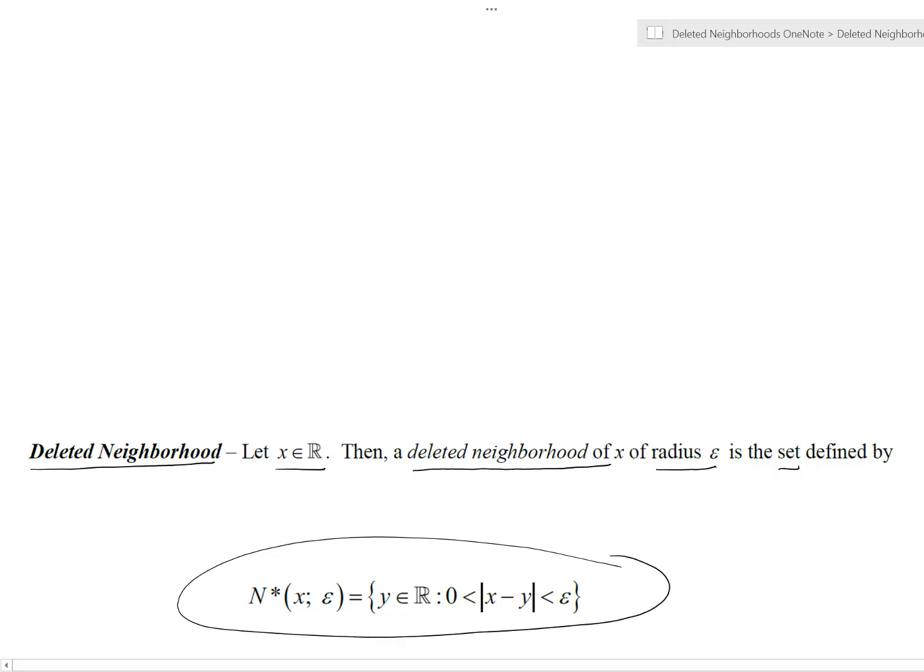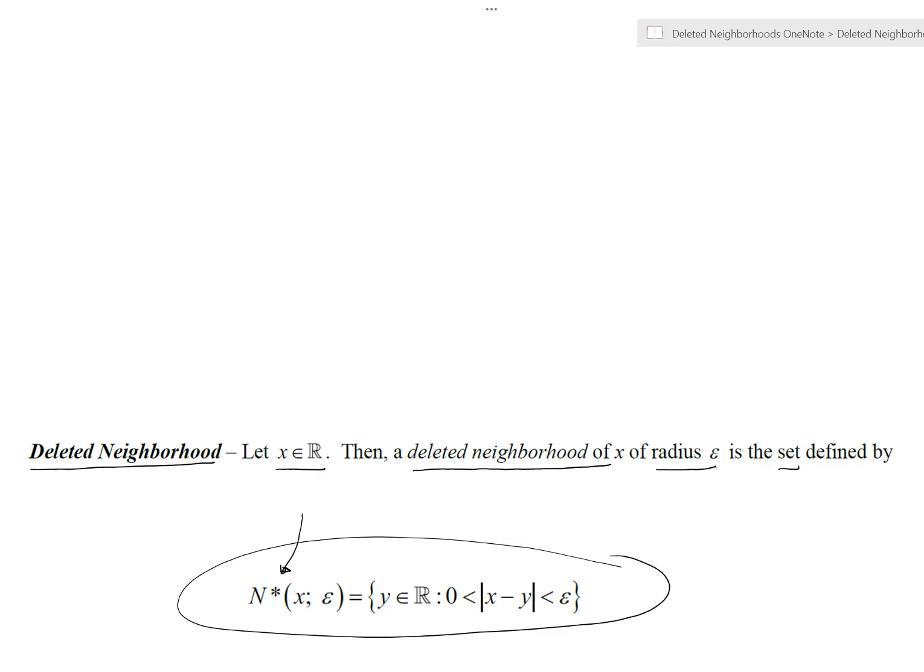What is that set? Well, it looks very similar to a neighborhood of x with a radius of epsilon, except there's one difference. First, the notation: we just put a little star here to indicate the difference between a neighborhood of x with a radius of epsilon and a deleted neighborhood of x with a radius of epsilon.